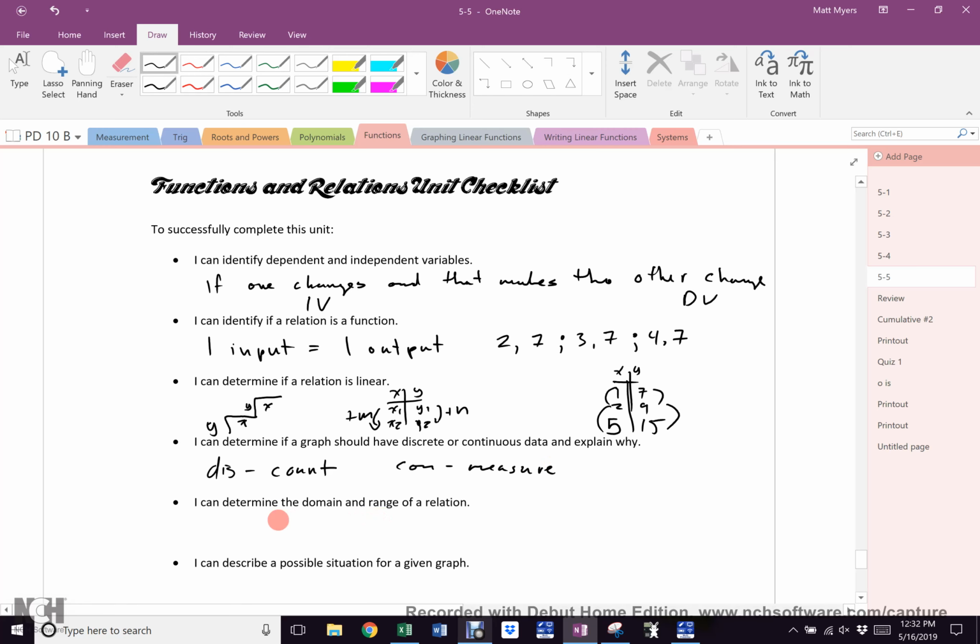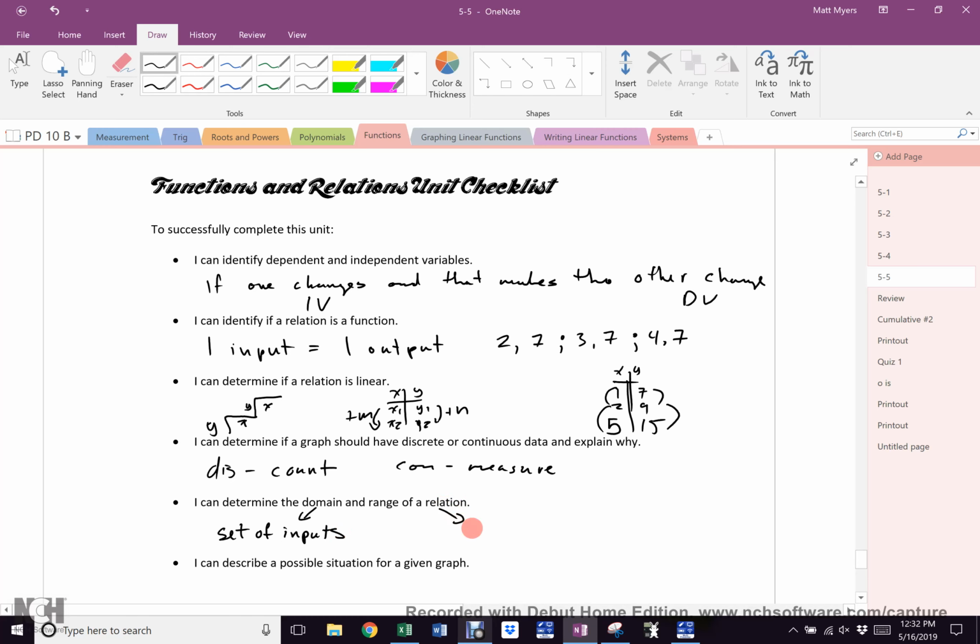Domain and range. Domain is the set of inputs. It's the set. So in that example I just gave, the inputs are the tickets sold, which goes from 0 to 18,000. Is it every number from 0 to 18,000? No, it is only whole numbers, right?